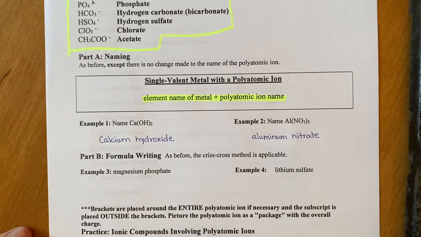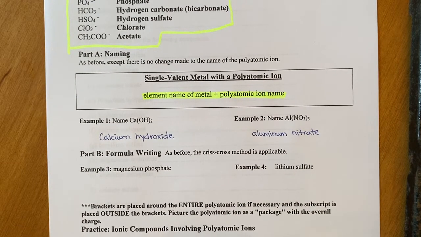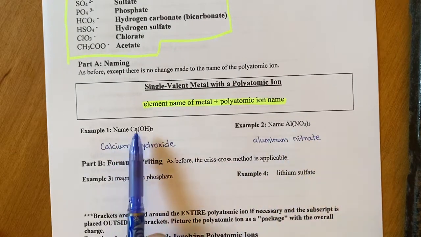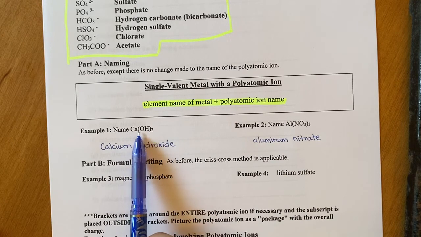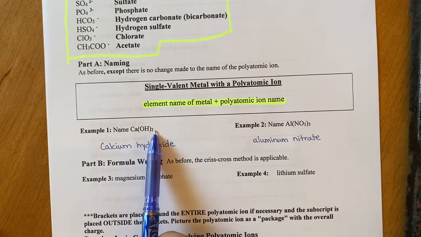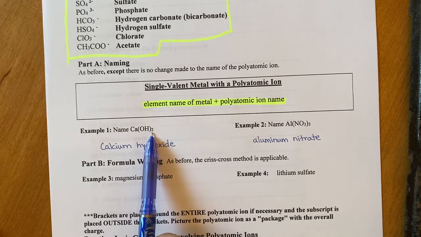Things get a little bit more complicated when we look at writing the formula for compounds containing polyatomic ions, just because when you have multiple types of elements in an ion, we have to make sure that when we crisscross, we note the number of the whole polyatomic ion is increasing, not just one piece. You'll notice in both of these examples, the polyatomic ion was in brackets, and the subscript was written outside of the bracket.